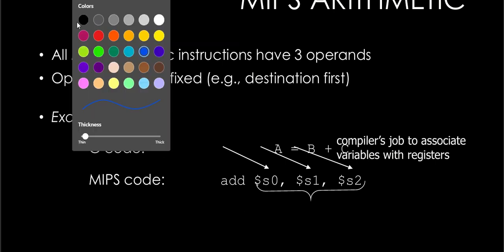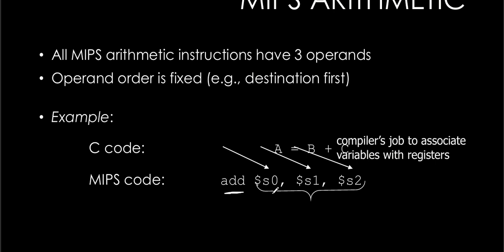Now you realize that the instruction is called add, and it has S0, S1, S2. Now don't be scared about what you see. Actually, in MIPS assembly, most of what you'll be doing is with registers, and these S0, S1, S2 are registers used in the MIPS architecture.